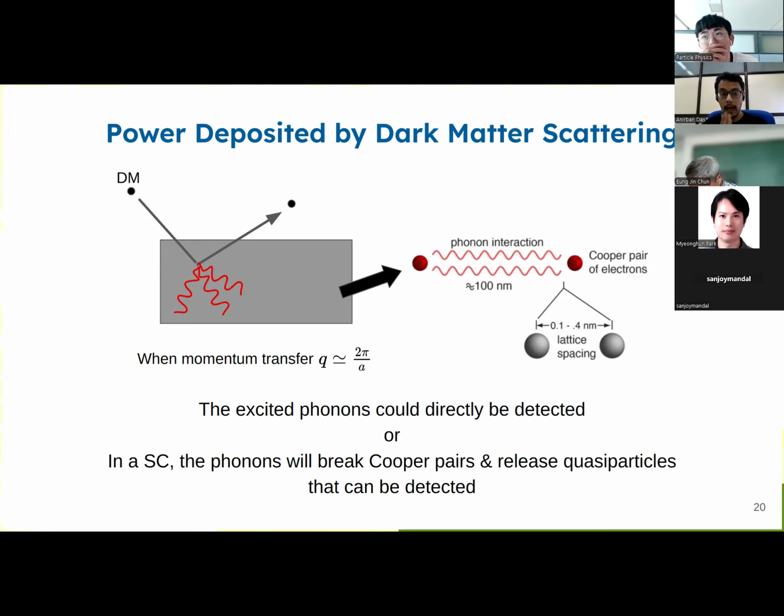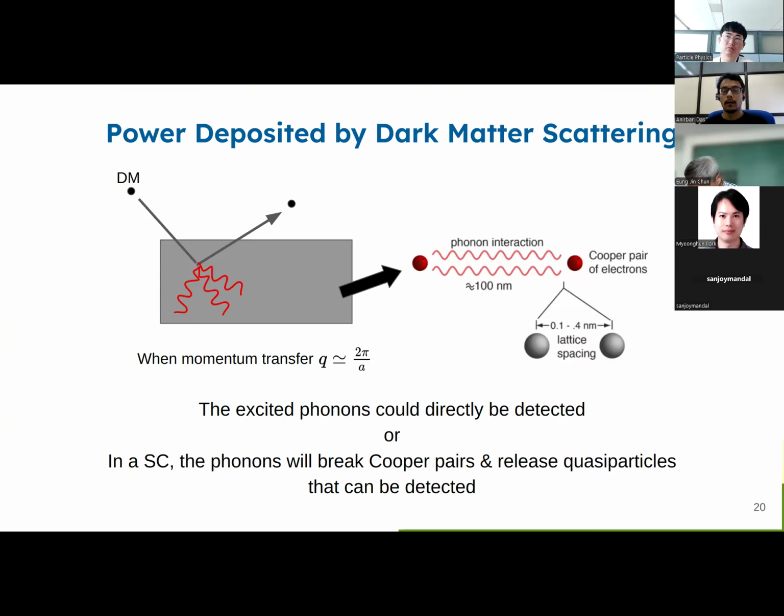And if you have dark matter electron scattering, in that case, dark matter will directly interact with the constituents of this Cooper pair, and in that case also, you can get some quasi-particle excitations. But in our work, we consider dark matter nucleon scattering.